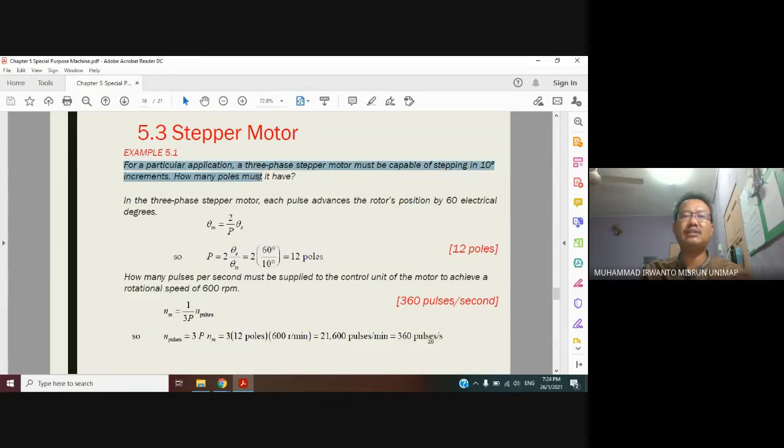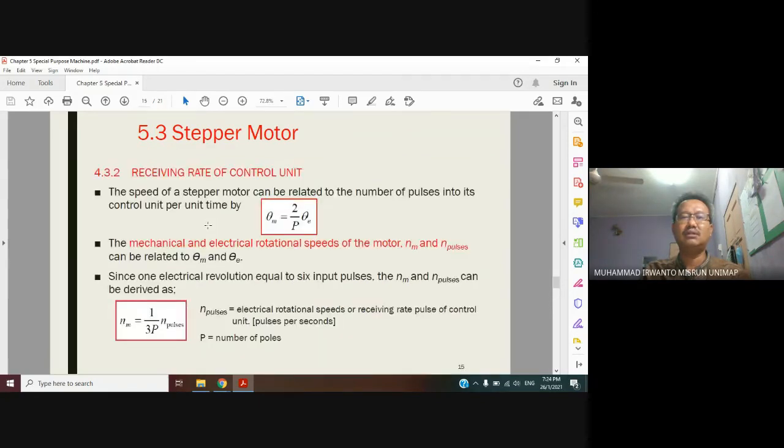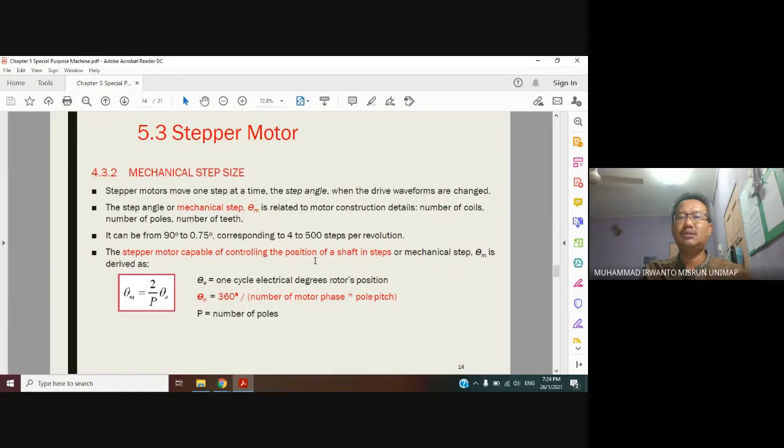Okay, we can see an example. For a particular application, a three-phase stepper motor must be capable of stepping in 10-degree increments. How many poles must it have? First, we calculate the mechanical step delta M using this formula, and then we have to know delta E, the electrical step.